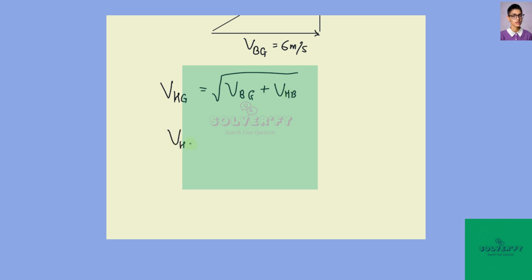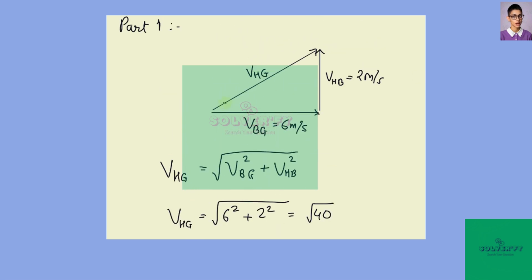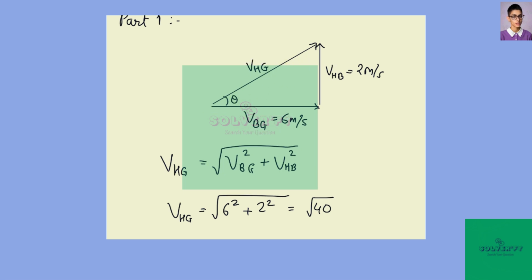VHG is equal to the square root of 6 squared plus 2 squared, which gives us the square root of 40. So this VHG turns out to be 6.325 meters per second.